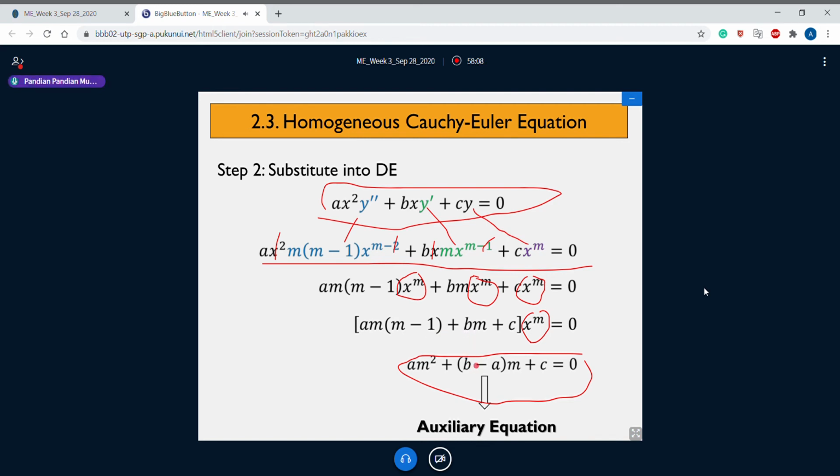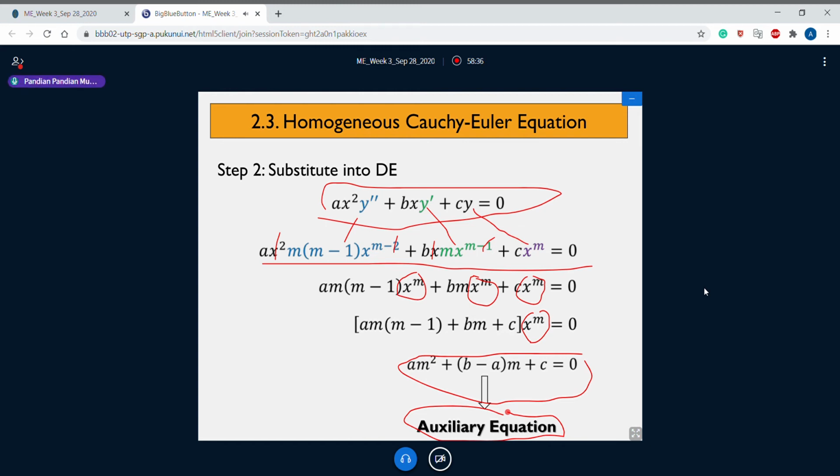So you can factorize m, (b minus a), and then plus c equals 0. This is called the auxiliary equation, class. It's very important: am squared plus (b minus a)m plus c equals 0.